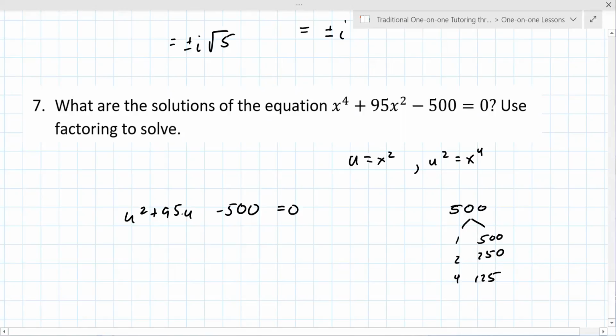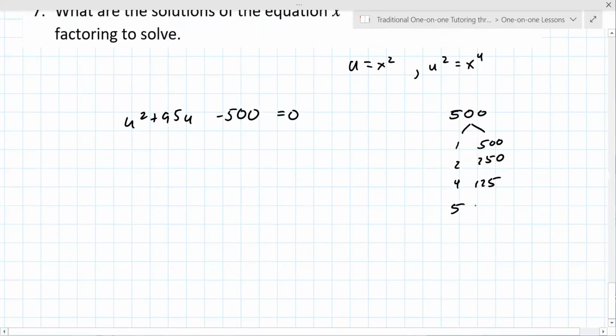Now, what I'm looking for is they've got to be about 95 apart, because one of these has to be positive and one has to be negative. And then there's 5 and 80. No, sorry, 5 and 100. And there it is. So there it is, 5 and 100. Do you see how they're 95 apart? 5 and 100. Oh, yeah.